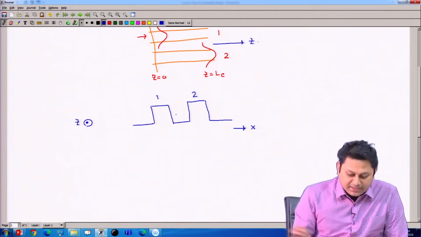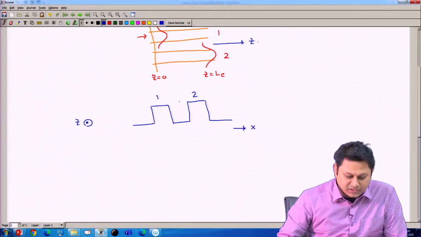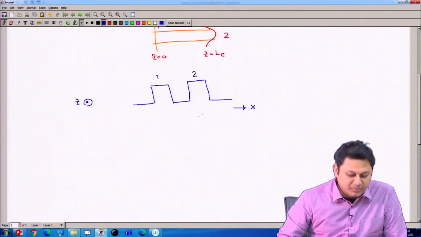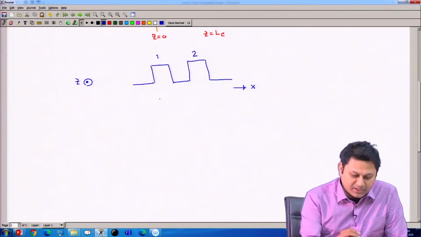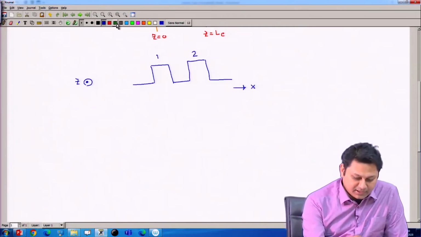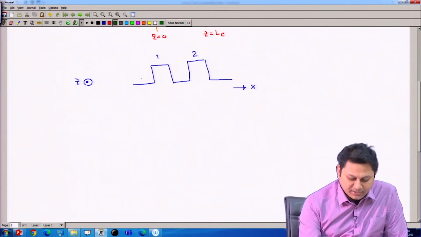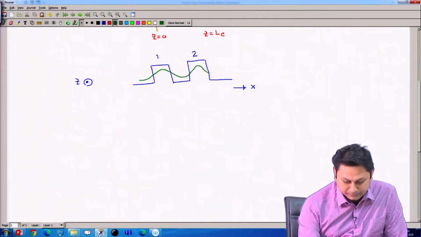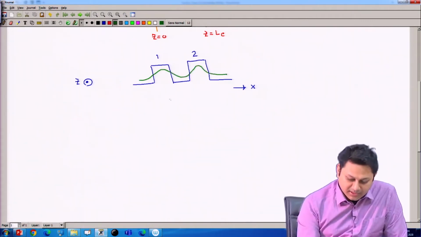So, we can have some general modes of these waveguides. These waveguides can be considered as a single waveguide, and if I consider this a single waveguide, I can have a general mode in this form. This is called the symmetric mode.